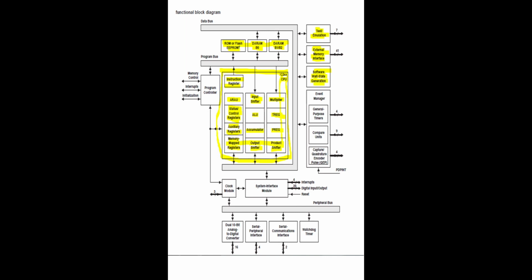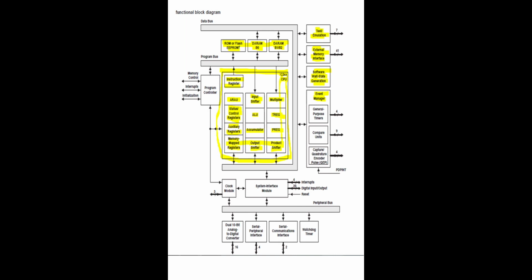Then now we will come to the main part of the DSP processor called event manager. This event manager only is going to do multiple operations for your DSP processor, because this event manager only is going to do digital motor control.